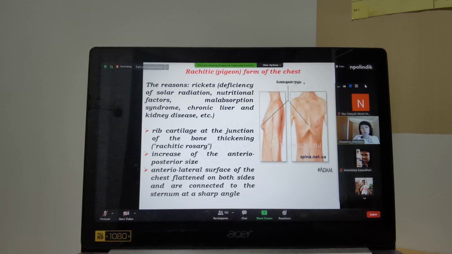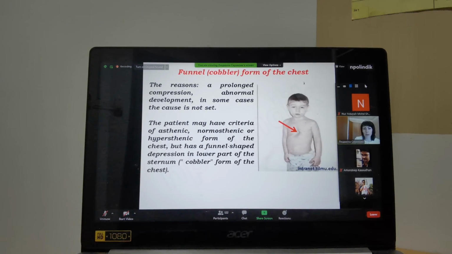In some situations, we have thickening of the rib cartilages near the sternum, which can be detectable in childhood. In adults who had it before, you will not feel it, but you can see this demonstration.